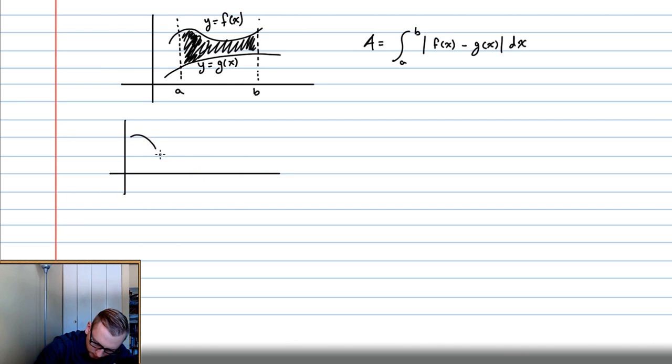Let's say we've got some function like this and another function like this. So this one will be our f of x and this will be our g of x.